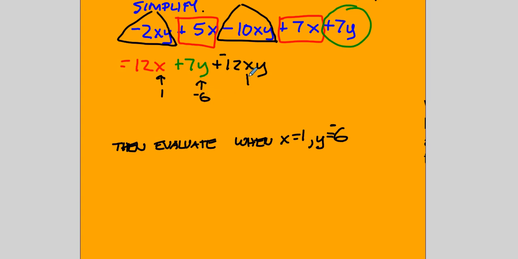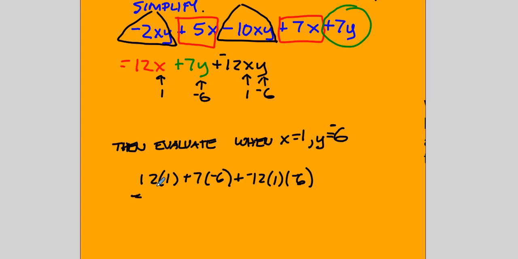I replace this with 1. I replace this with negative 6. So I have 12 times 1. Replace x with 1. Remember, parentheses mean multiplication here. That means 12 times 1. Plus 7 times negative 6. Plus negative 12 times 1 times negative 6.